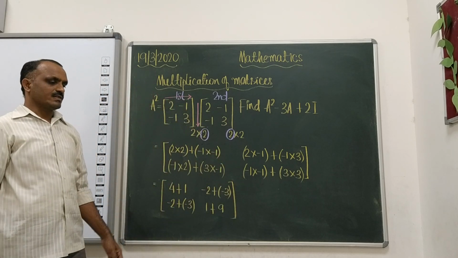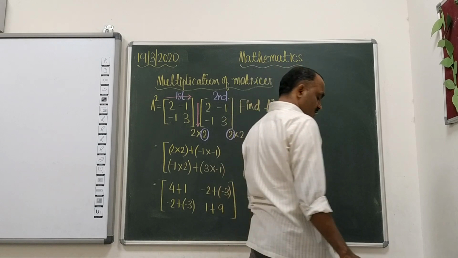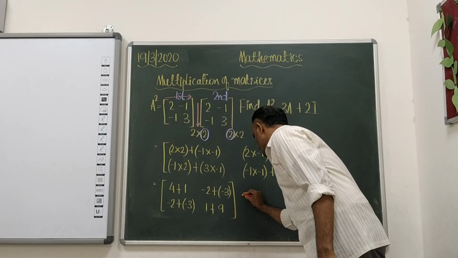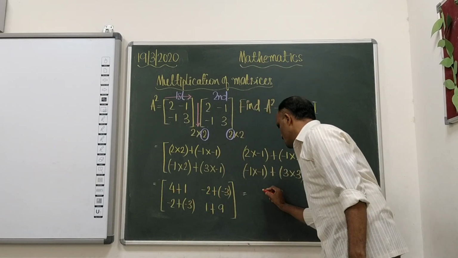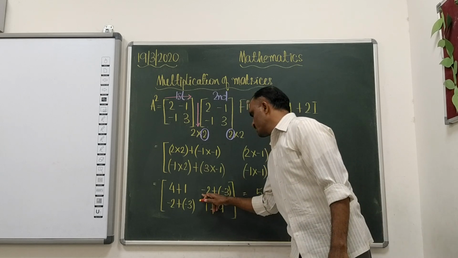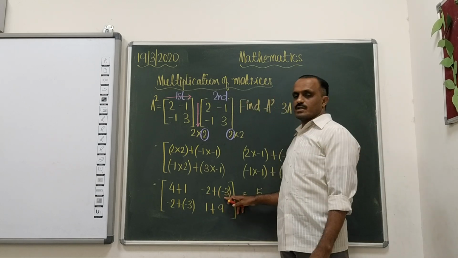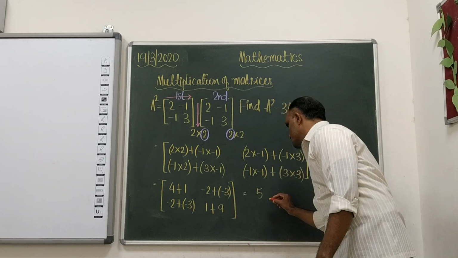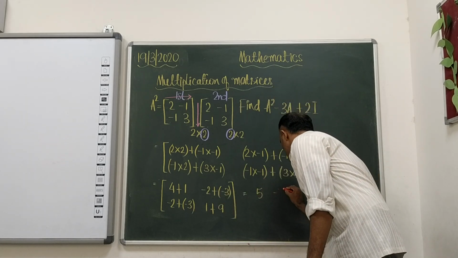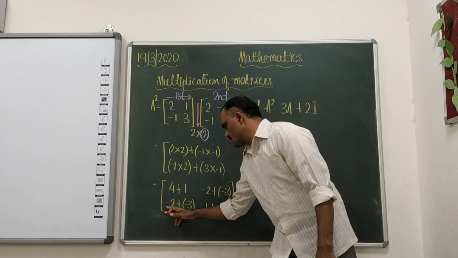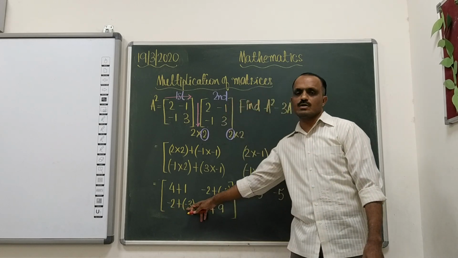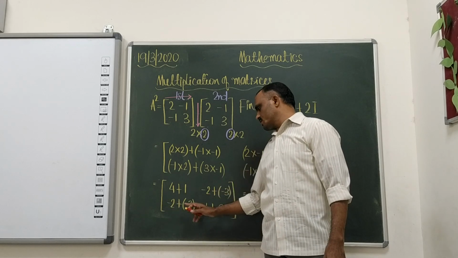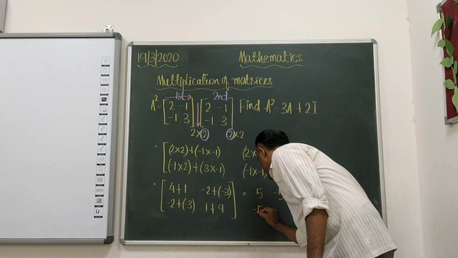Now we'll simplify further. On simplifying further, now 4 plus 1, 5, then minus 2, then here plus into minus will become minus, so minus 2 minus 3 is minus 5. Then here again minus 2 plus into minus will become minus, so minus 2 minus 3 again we are getting minus 5.